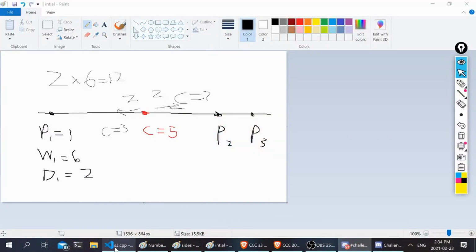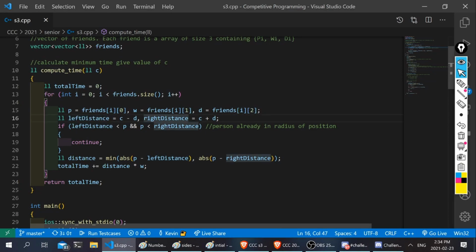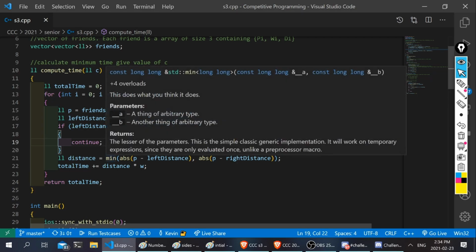So it's less of a distance and more of a position, I guess, the left position we have to be at. Okay, so if the left distance is smaller than p, and p is smaller than the right distance, then we're in the radius, we're in position, so we continue and skip that.